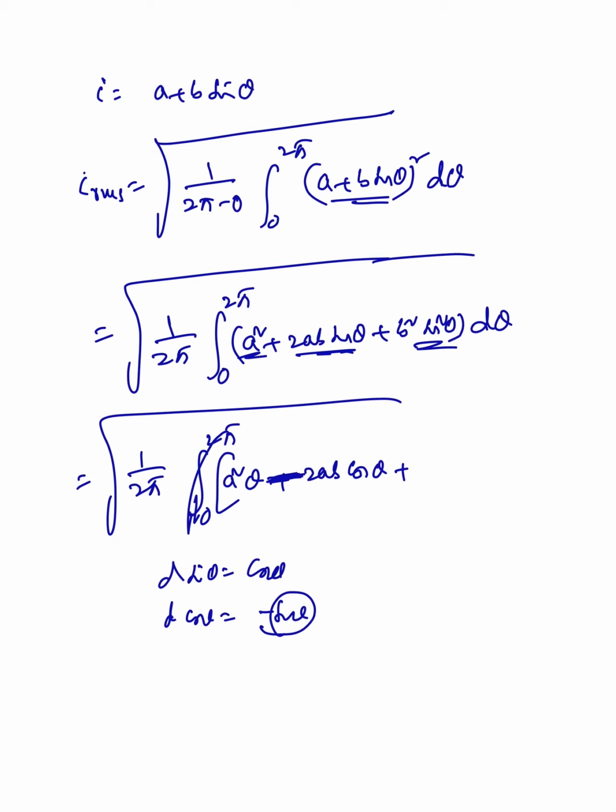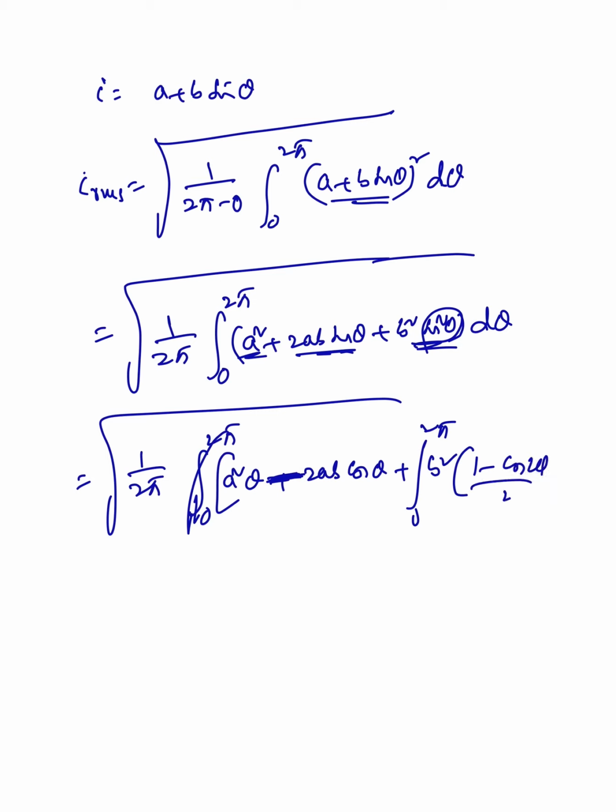Then b square (1 minus cos 2 theta) by 2 d theta.